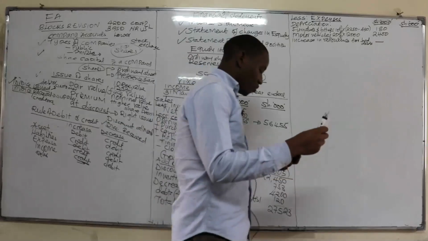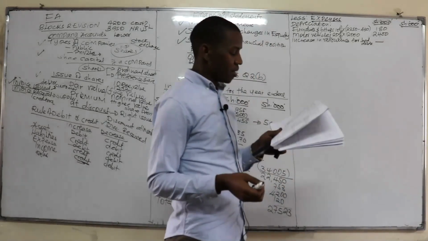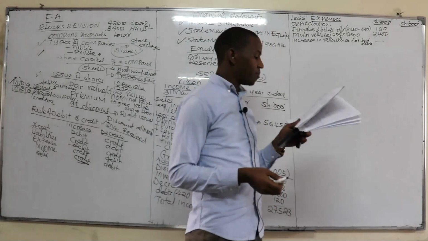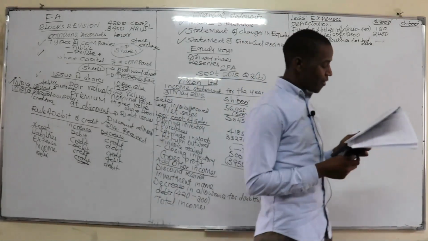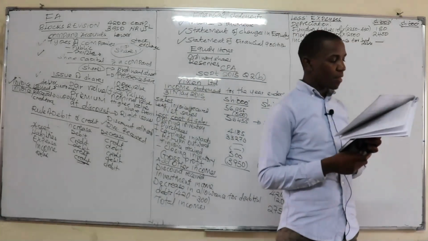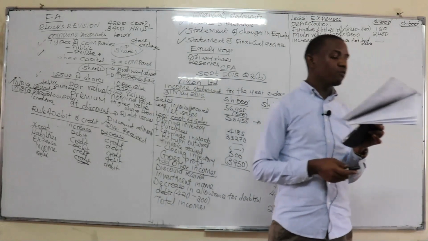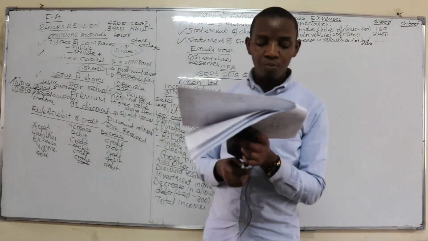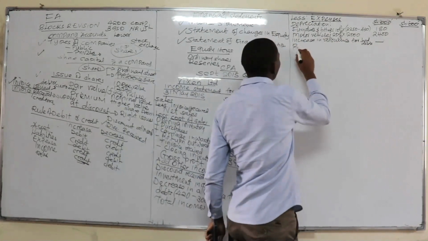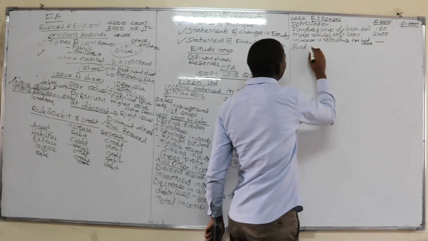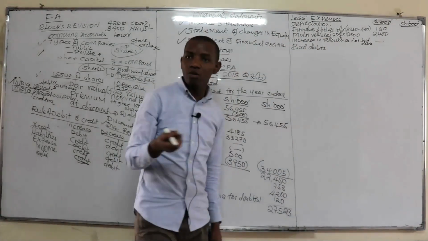So we continue. Additional information number 5. On additional information number 5, we've been given the irrecoverable debts amounting to 50,000 to be written off. Irrecoverable debts, these are what we call the bad debts, which in this case you completely will not recover; the customer is not going to pay.